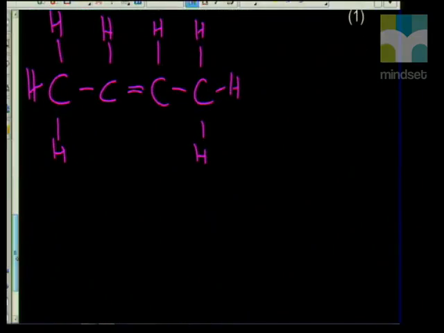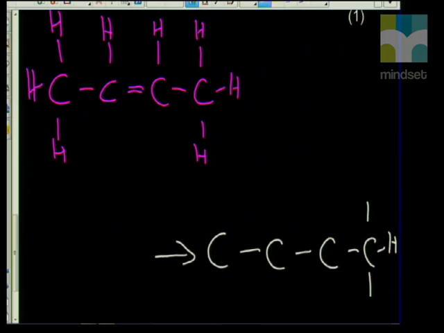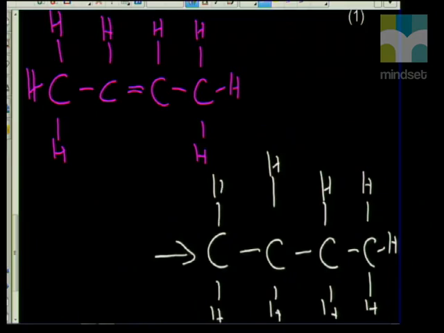So I'm going to write down that formula for butane, and I'm going to put it over here, just so that we've got space to see both of them on the same page. There's 4 carbons, and butane is saturated, so it has 4 carbons and all the hydrogens in. Just make sure that I've got them. Let's count them: 3, 4, 5, 6, 7, 8, 9, 10. And we've got them right.